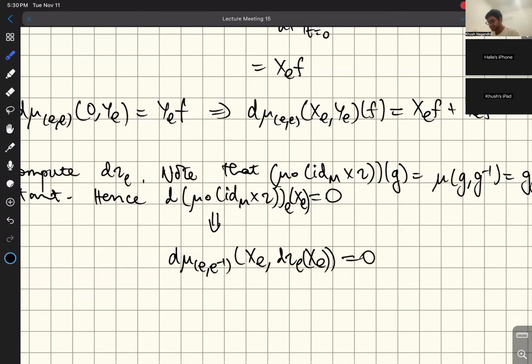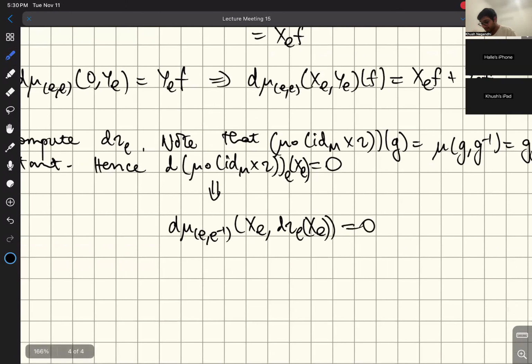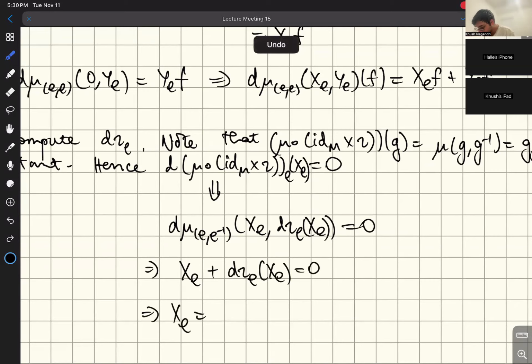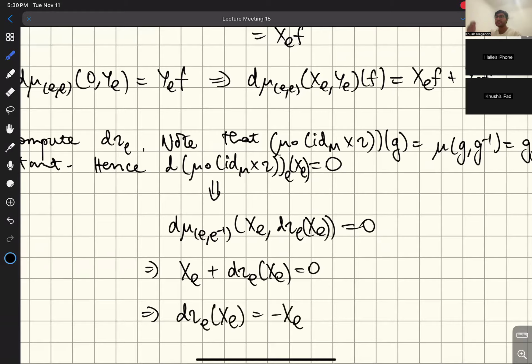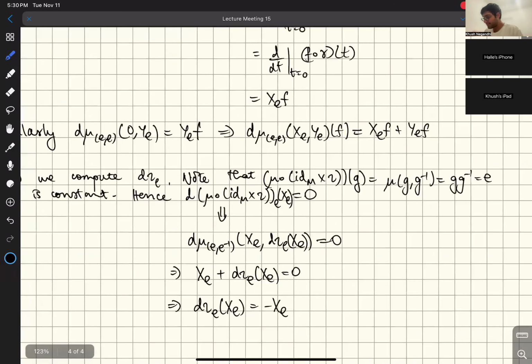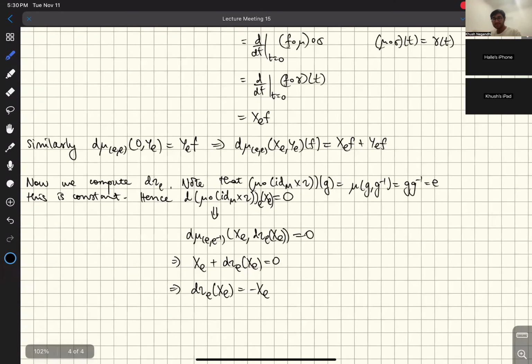But this also equals zero. And we know from the previous part that this is nothing but xe plus d iota e xe, which tells you that the differential of the inverse map at the identity is nothing but negative itself, which makes sense, right?